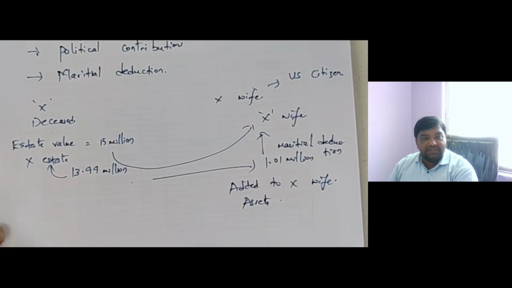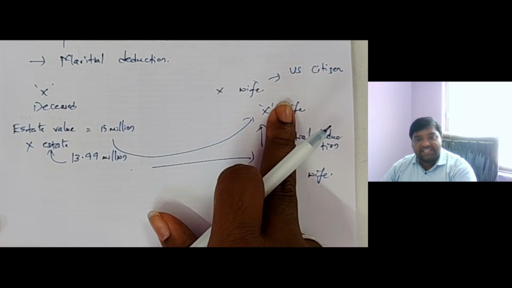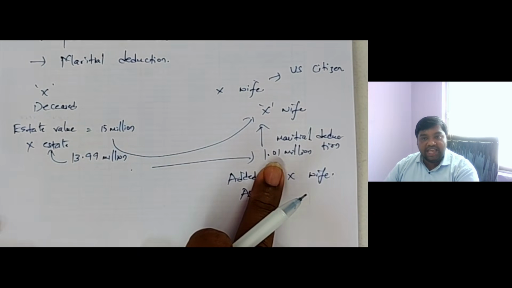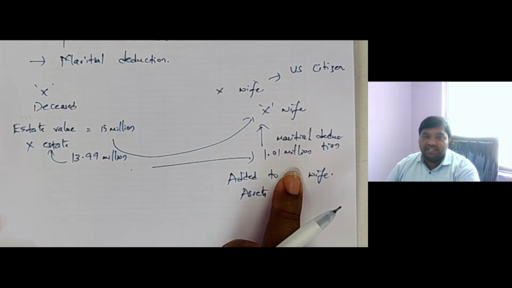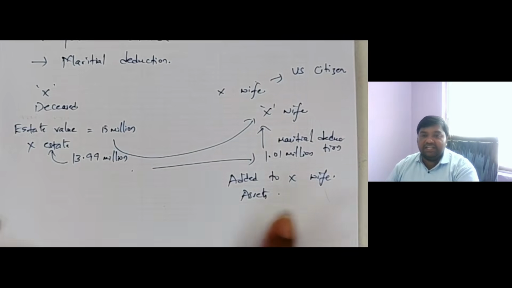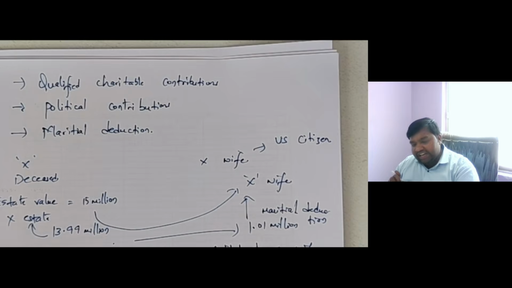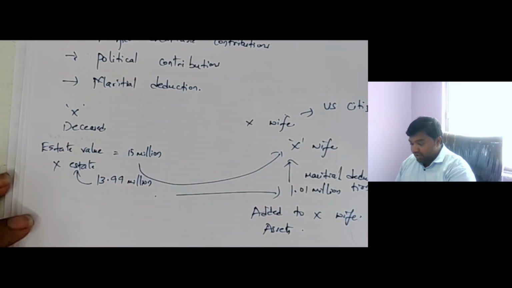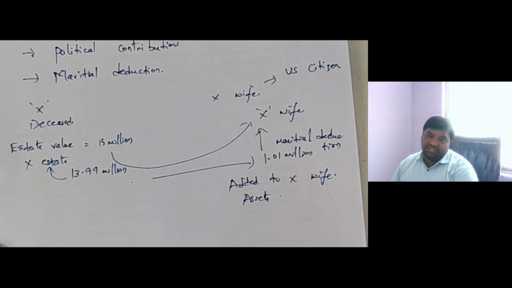It is completely legal, and it helps to escape the estate tax. When the ex-wife dies, this will be treated as the ex-wife's estate, and if it crosses 13.99 million, then the ex-wife's estate has to pay estate tax. This is the marital deduction, very commonly used in the US by estate attorneys or tax attorneys. These are the deductions normally applicable for your Form 706.